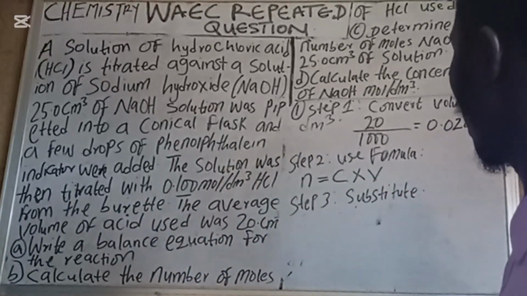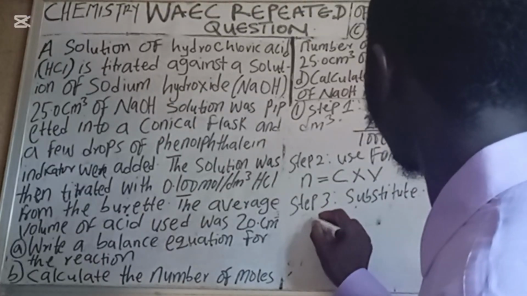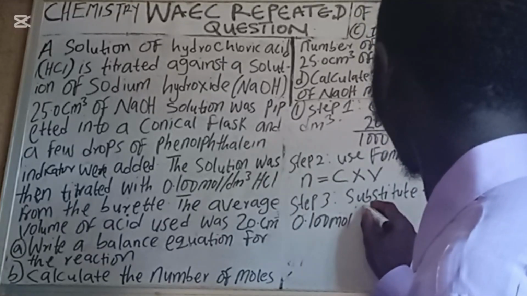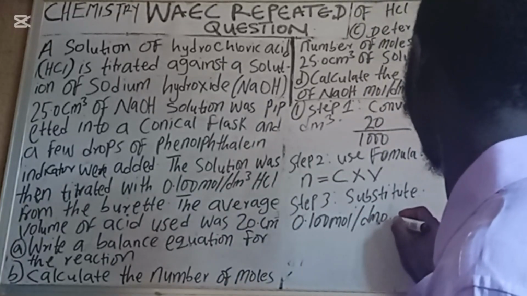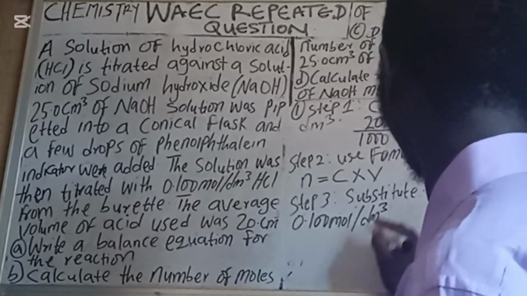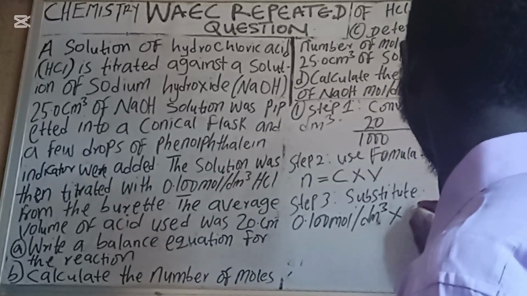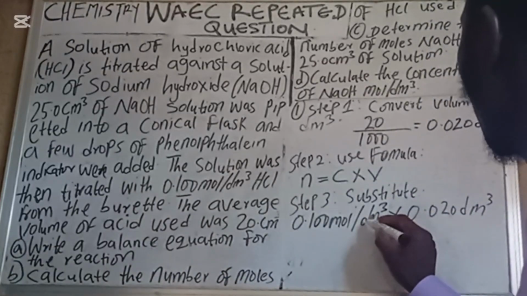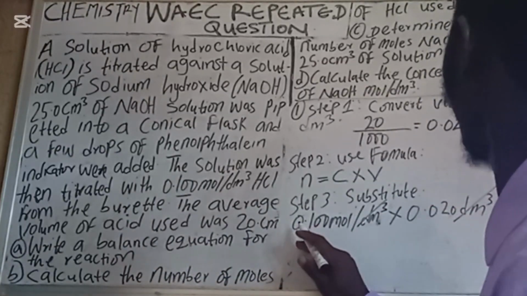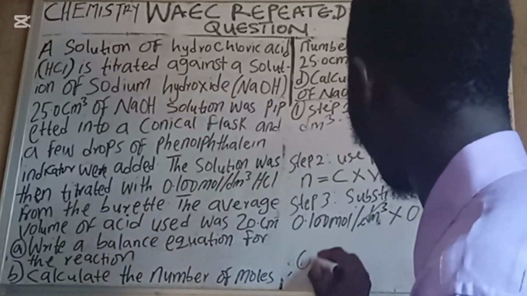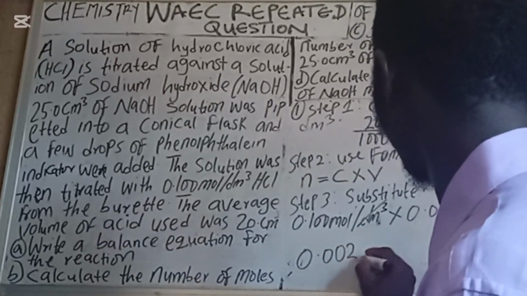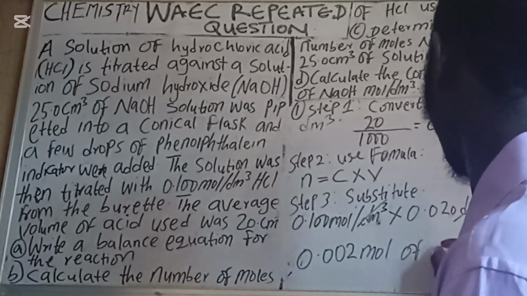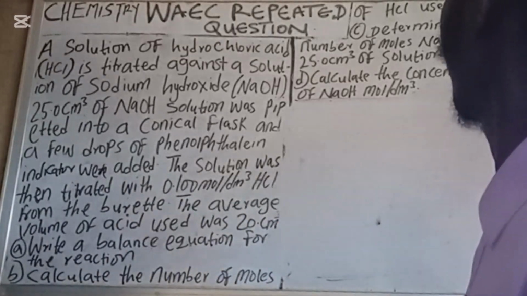C is equal to 0.100 mol per dm³ times 0.020 dm³. You see that dm³ will cancel dm³. If you multiply this value by this value, you will have 0.002 mole. So this is the mole of HCl.